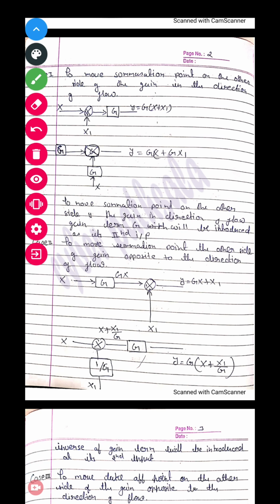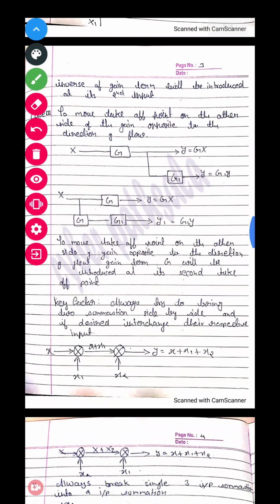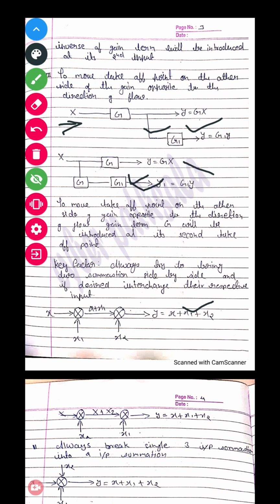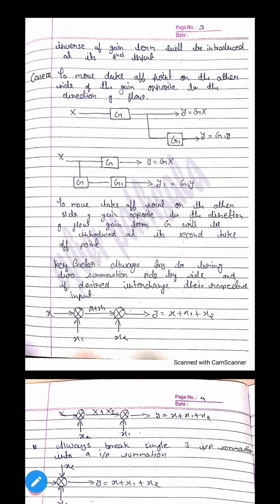Moving to the next case, case third. Here, case third is to move a takeoff point on the other side of the gain opposite to the direction of flow. Here the gain G1 is moving opposite to the direction of flow.